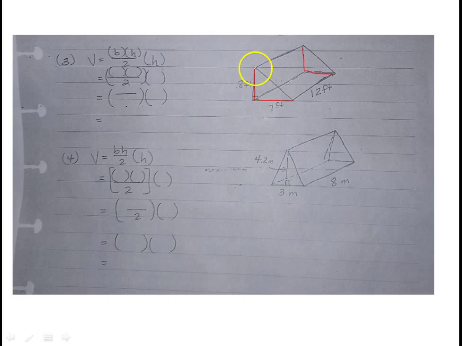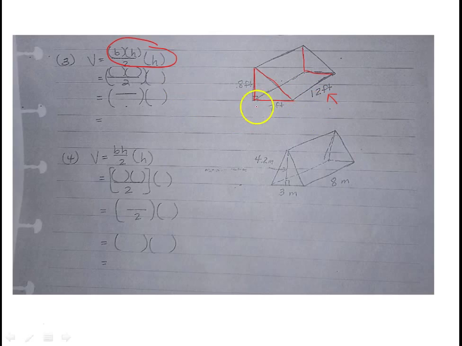So you're dealing with the base first. So look at the triangle first. Again, please memorize this. You multiply the base of the triangle times the height of the triangle and divide that by 2, and then you multiply by the actual base.